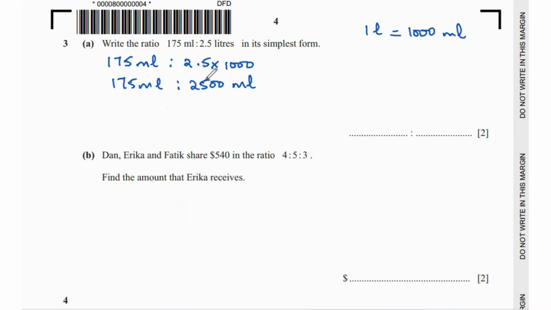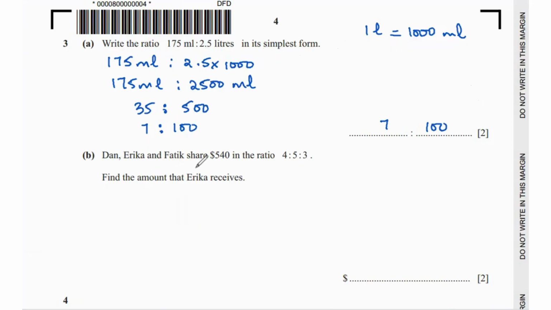So 175 divided by 5 is going to be 35. 2500 divided by 5 is 500. Again divide by 5. That's 7 is to 100. Since 7 and 100 don't come in the same times table, 7 is to 100 is your answer. Remember to make sure that the metric units are exactly the same. So either you convert the milliliters into liters or the liters into milliliters.